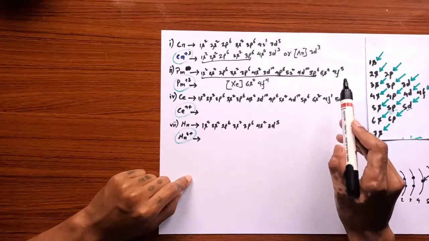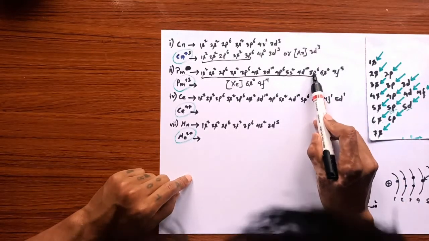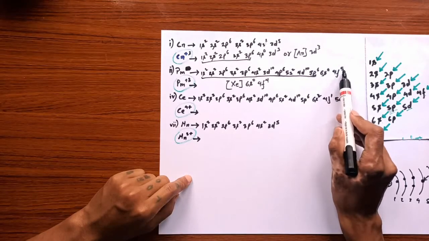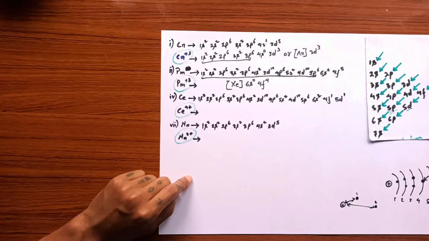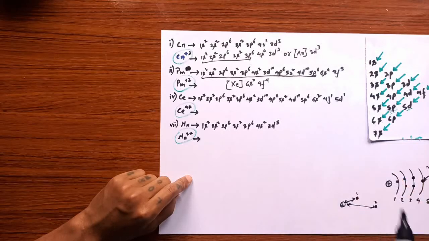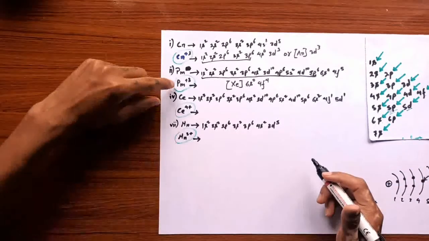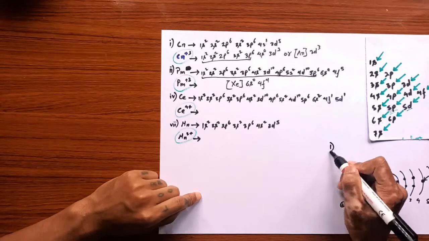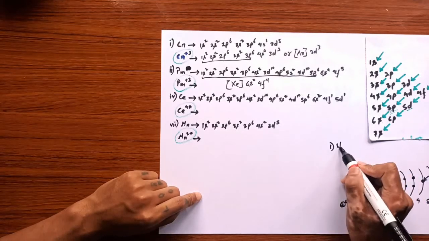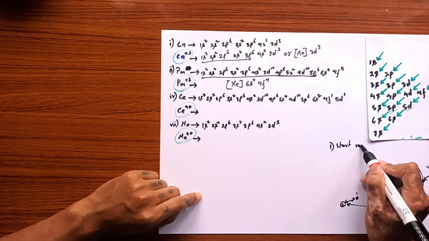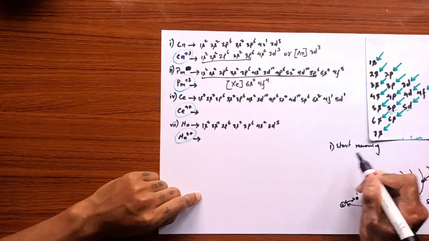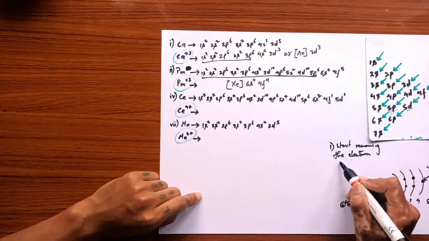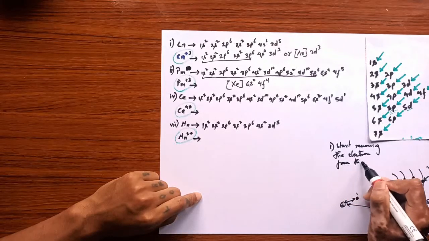So instead of removing the electrons from the 5p, which is lower in energy, we start removing from the 4f orbital in this case. So there are two things you want to remember when removing the electrons to get all of these ions. The first step is to start removing the electrons from the outermost shell.